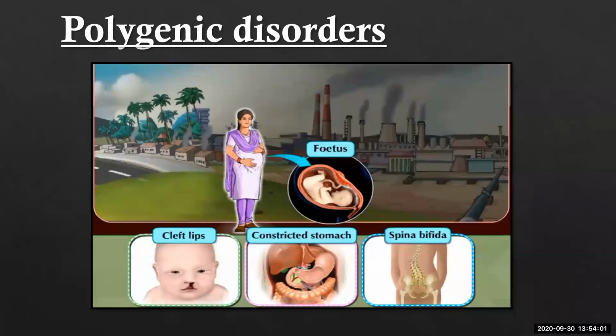In most such disorders, the severity increases due to the effects of environmental factors on the fetus. Means the environmental factor will have an effect on the infant or offspring.